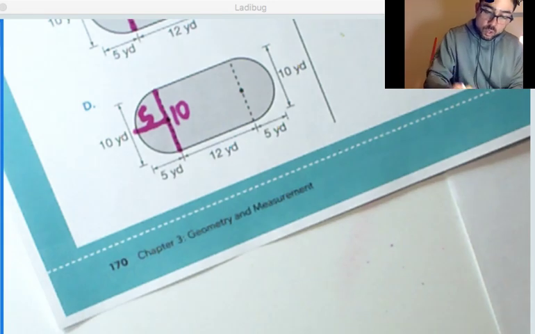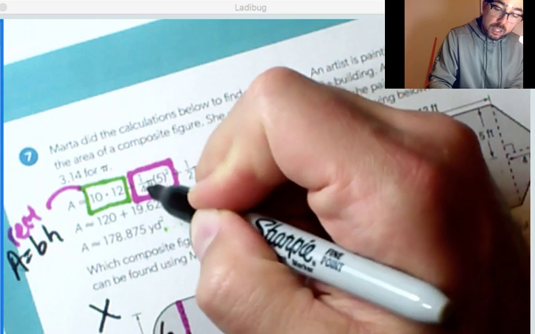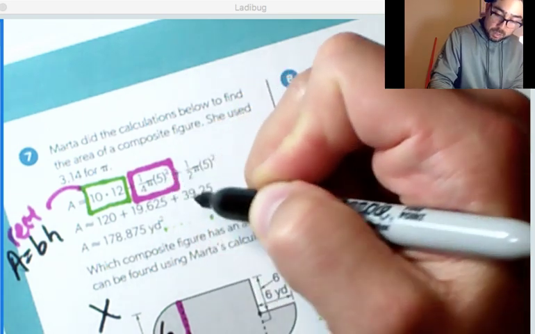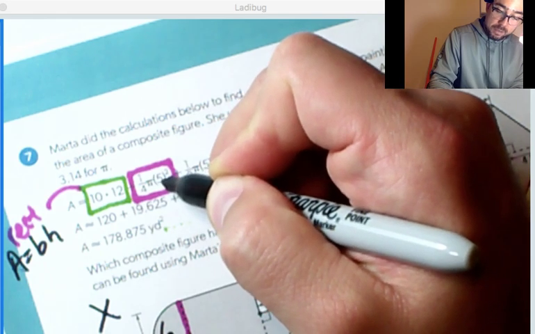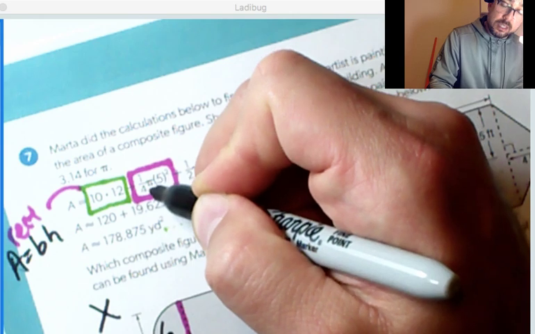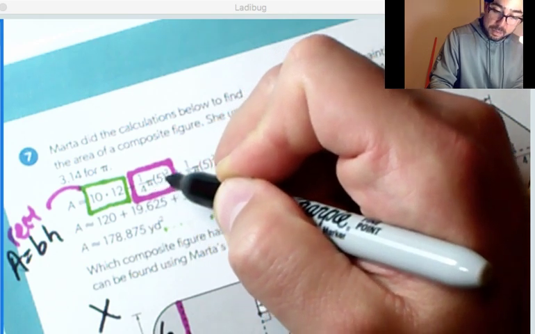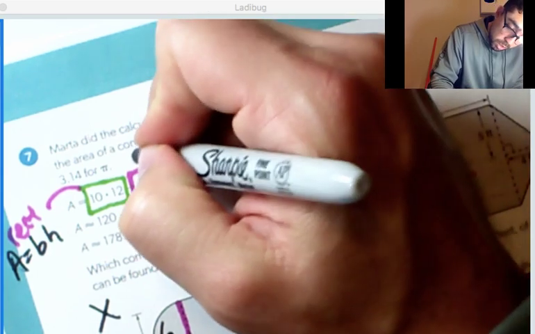Now, we know based on this formula, 1/4 times pi r squared, that we have to have a circle that has a radius of 5. And the fact that they're multiplying it by 1/4 tells us that it's a quarter circle, right? Because 1/4 is a quarter. So this here is a quarter circle.